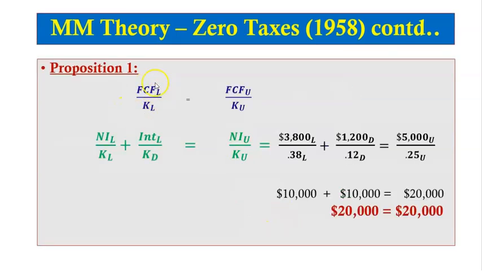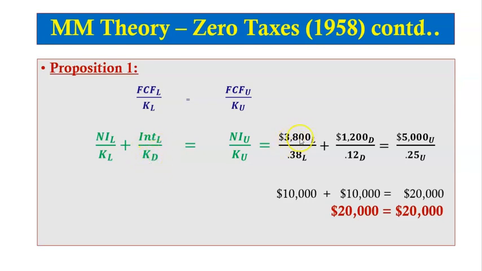We can also prove that the value of a levered firm is equal to the value of an unlevered firm by segregating the total value of the firm into the value of equity and into the value of debt. The value of equity is equal to the free cash flow to shareholders of the levered firm divided by the cost of levered equity, and the cash flow to the creditors of the levered firm divided by the cost of debt of the levered firm.